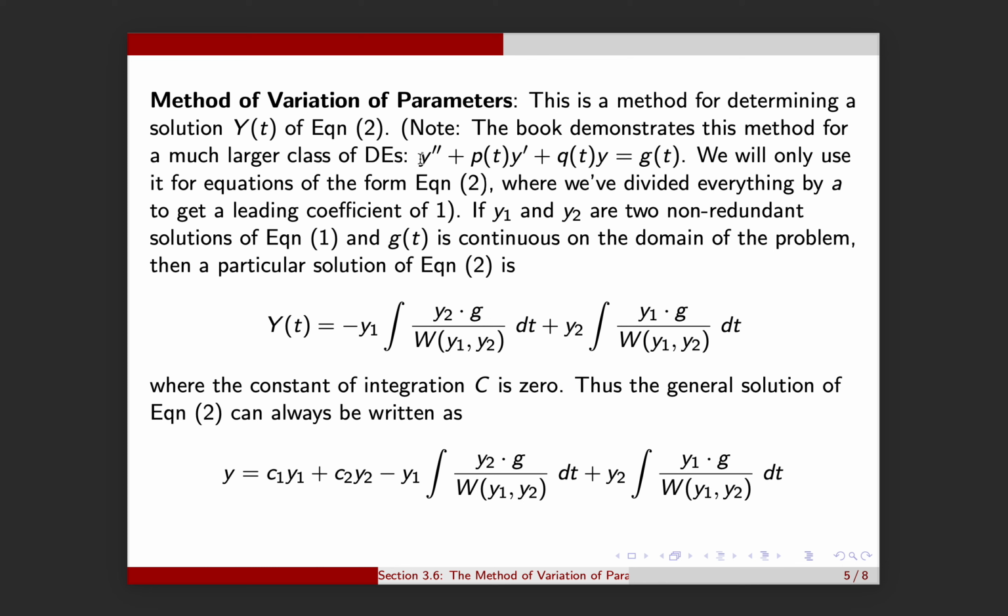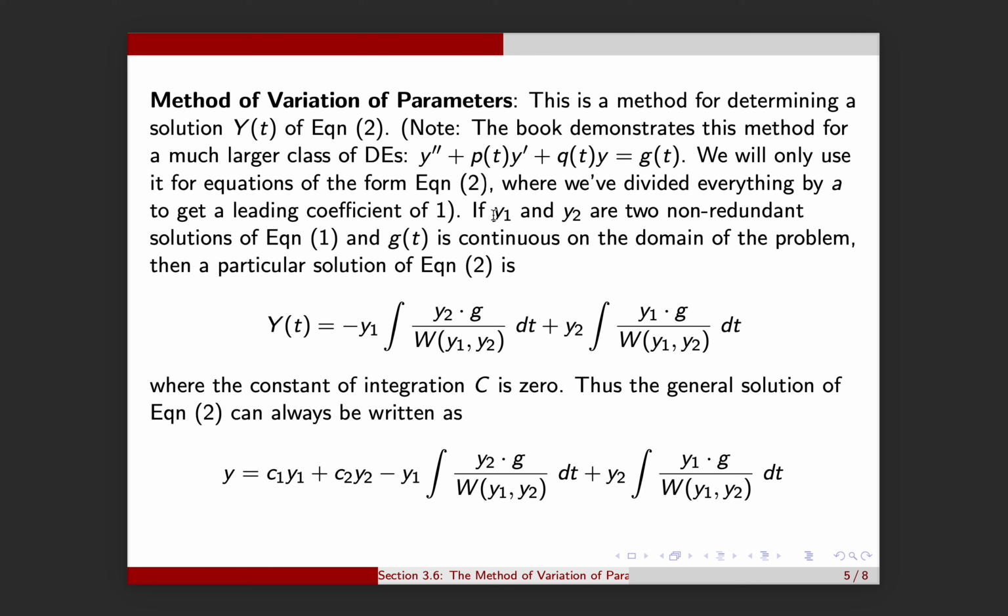So if you don't have that, you should divide by whatever's here. If there's like a 5y double prime, then divide everything in sight by 5. So you want a leading coefficient of 1. Otherwise, this formula won't quite work. That's in contrast to last time. Last time, it didn't matter if you had a 2 up here. But this time, you would divide by this coefficient.